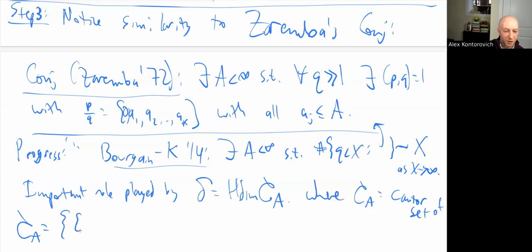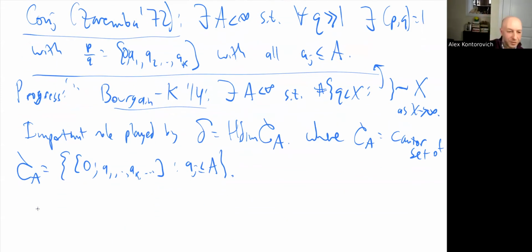It's just the set of all numbers that are uniformly badly approximable. So these are infinite continued fractions. These are the limit points of the set of fractions that we're interested in, so that all A_j are bounded by capital A.